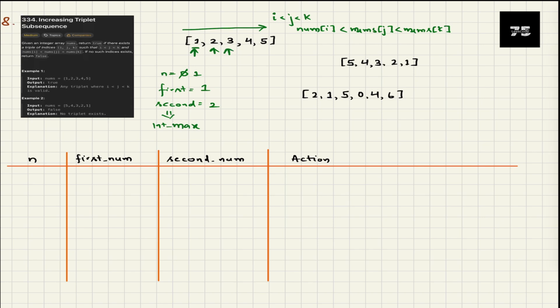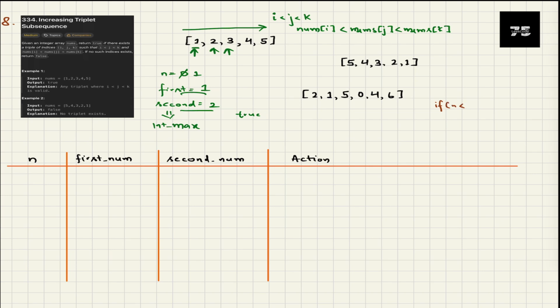So if my n is not less than first, and my n is not less than second, then I can return true, right? That means I have found a triplet subsequence.